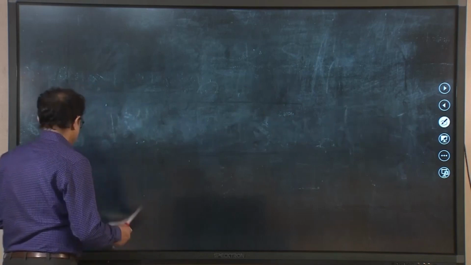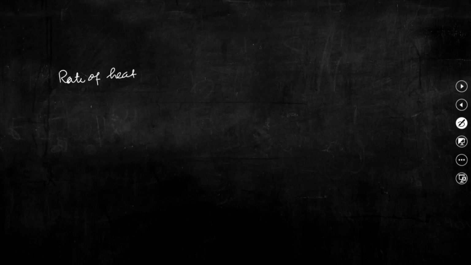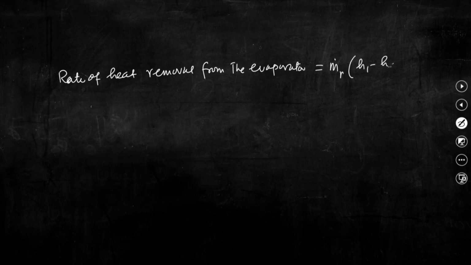So, let us now write it. Rate of heat removal from the evaporator equals m dot refrigerant into H1 minus H4.